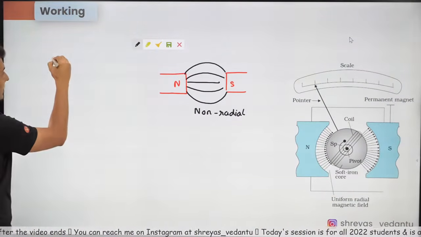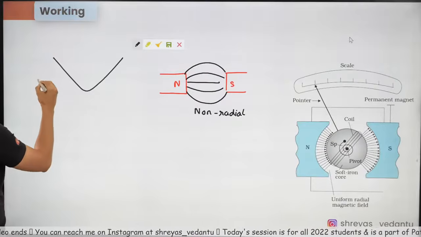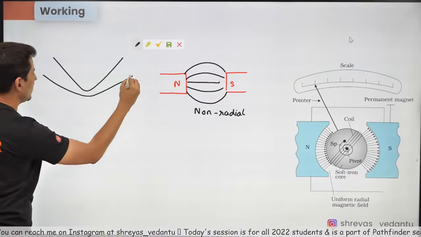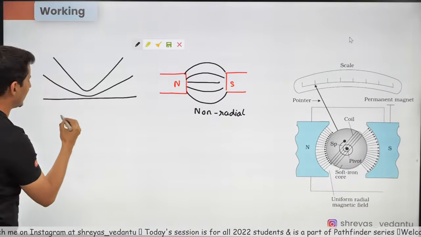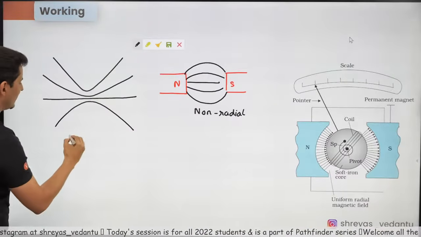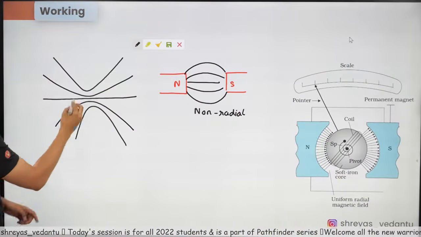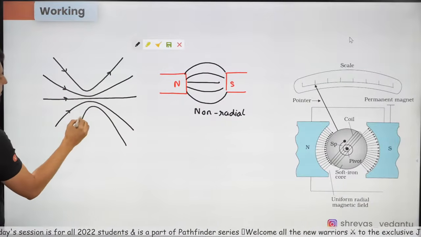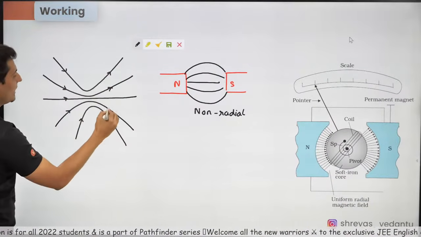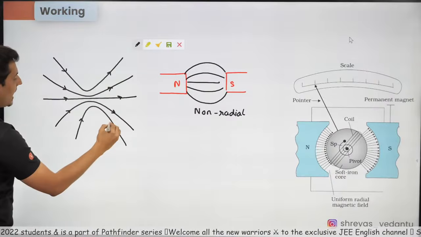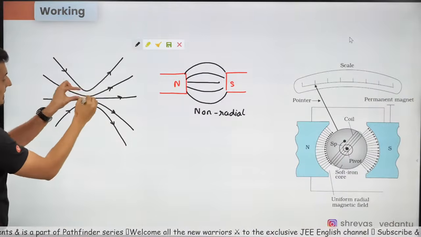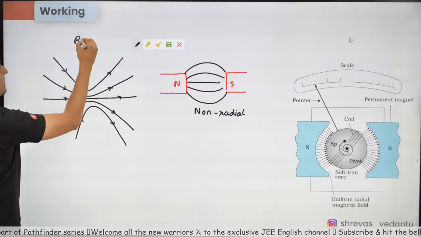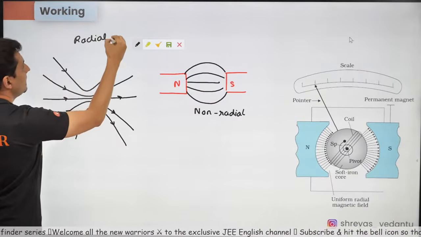Radial field means the field lines go like this, come out like that. Field lines come from here, go like this. Field lines come over here, go like this. So this is how the field lines look. Now if you observe, they all feel as if they are going towards the center or coming out from a central region. This is basically a radial field.